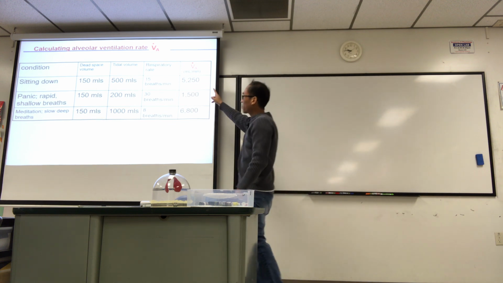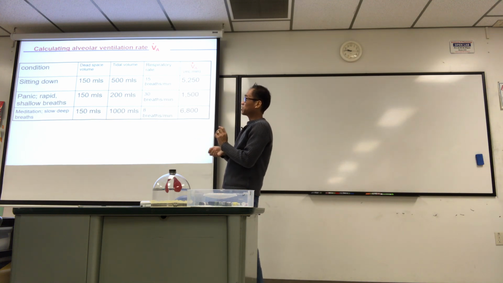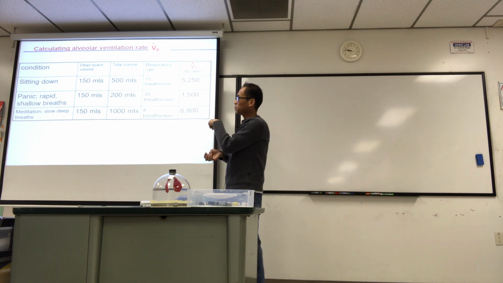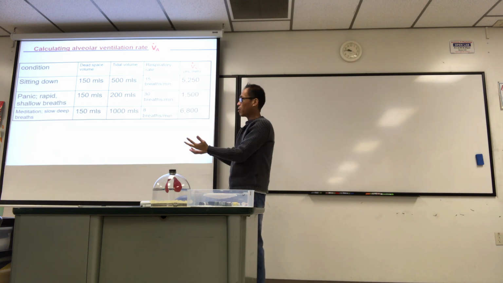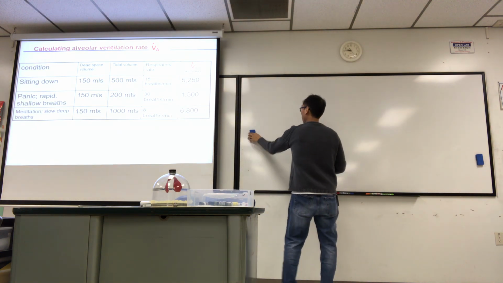All right, so to get this number, let's do the first one. You're just sitting down, and what I would first do to calculate alveolar ventilation rate is subtract dead space from tidal volume. That way you know how much air is actually reaching the alveolar spaces. That's step 1.